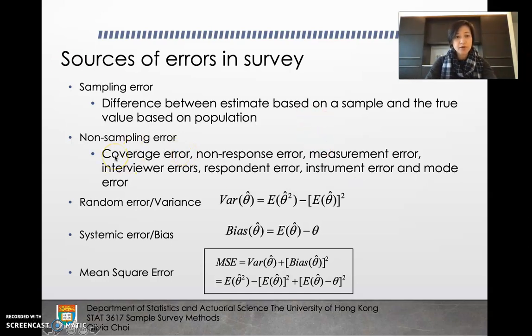So after all, the non-sampling errors, we can try to reduce them. However, the sampling error we can't easily reduce. It really depends very much on the sampling scheme that we choose.